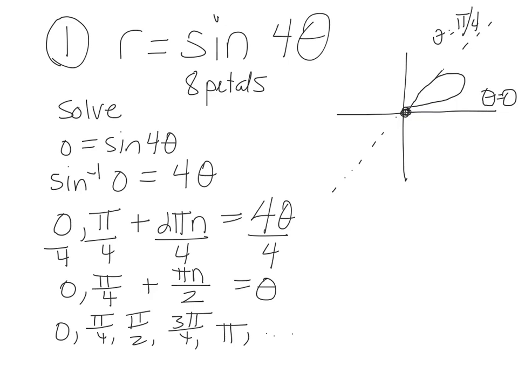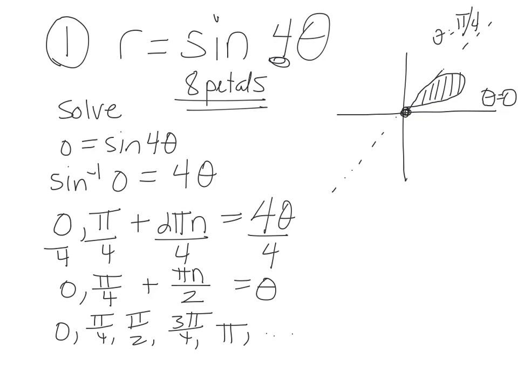And then it's going to produce 2 petals in each quadrant that are the same. So this right here is what I'm going to start finding the area of. And since there's a total of 8 petals, that's double this 4, we're going to just find the area of the one polar curve and then multiply it by 8.